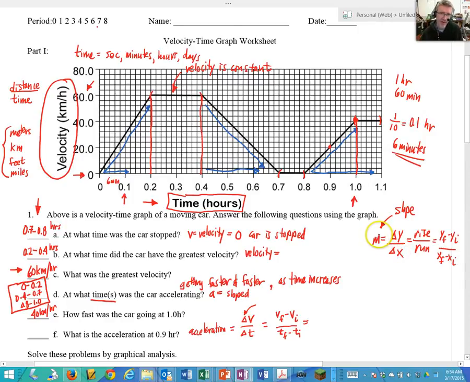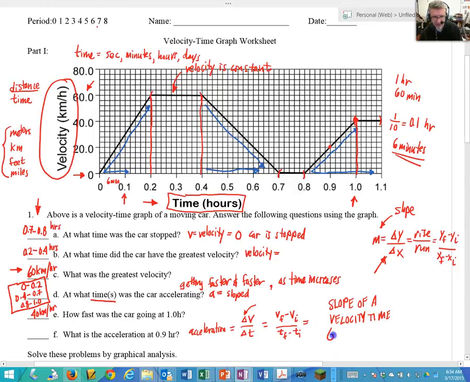Alright, so sorry about that, a little bit of math, but the point is, this equation right here is talking about y over x. This equation right here, v, the velocity is kind of like y, and t is kind of like x. So the slope of a velocity time graph is actually the acceleration.